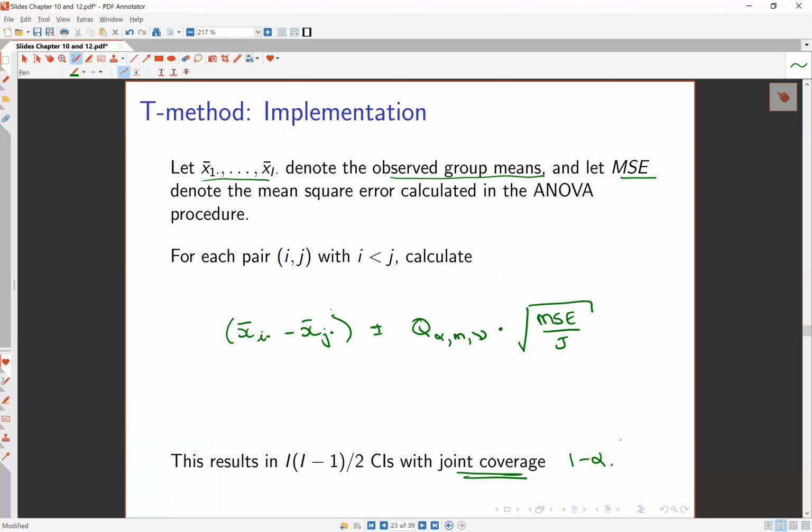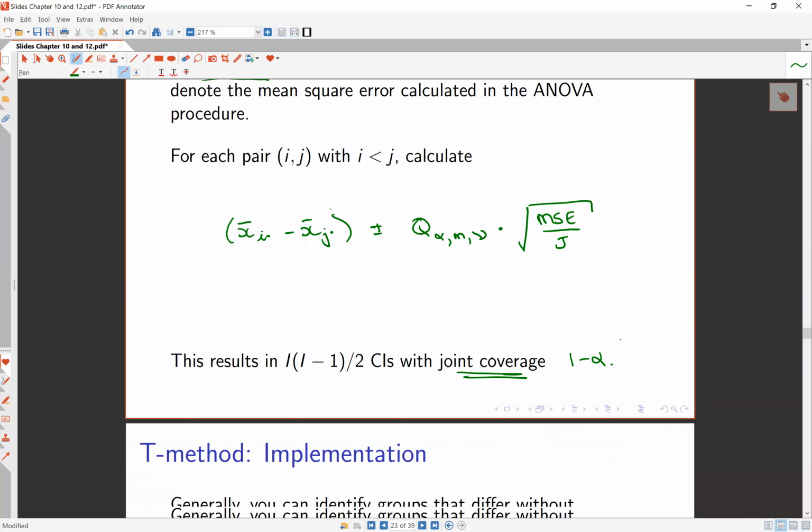Now, going through this, it's kind of a tedious procedure if you're going to construct all these confidence intervals, and it's not the most practical approach to the solution. So what we end up doing with the Tukey method is finding a little bit of a shortcut.